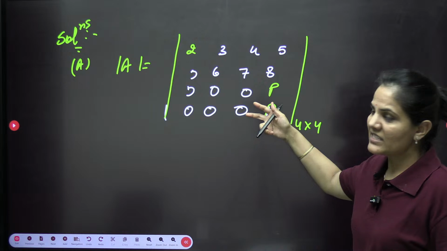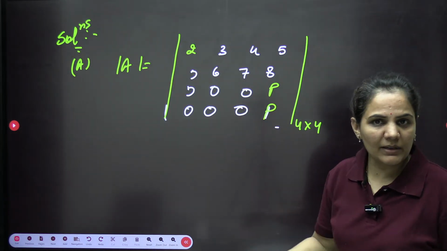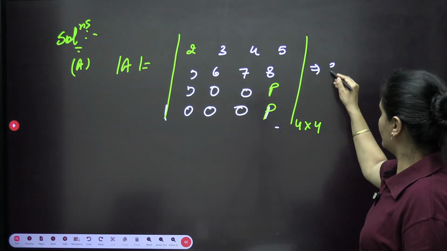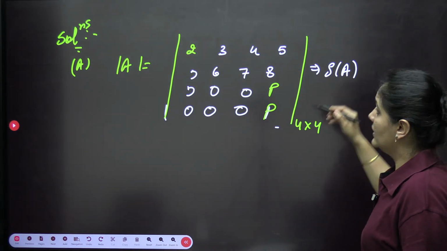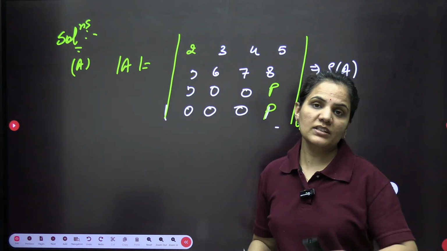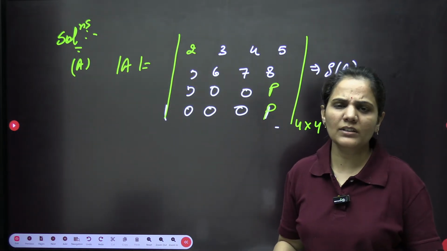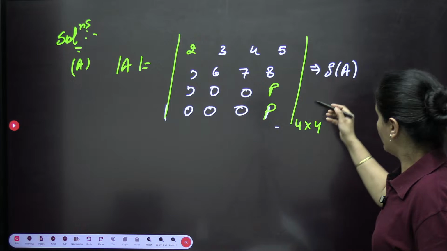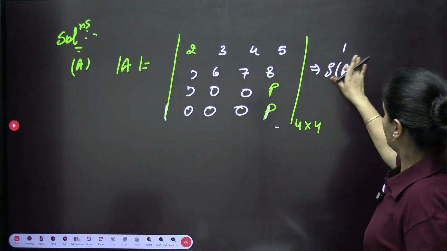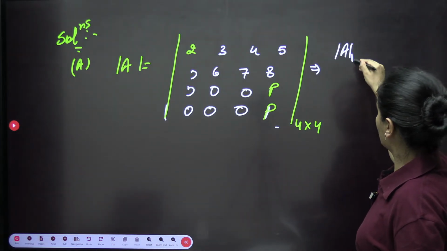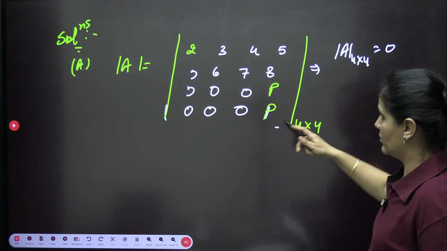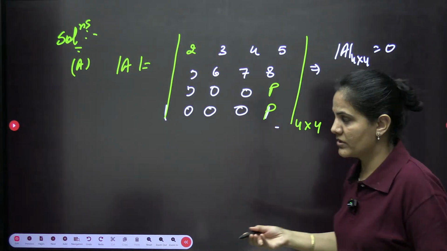Since the last two rows are identical, the determinant will become 0. The very simple rule of determinants we used to discuss: if in a matrix any two rows or columns are identical, the determinant will be 0 every time. So the 4 cross 4 determinant is 0.